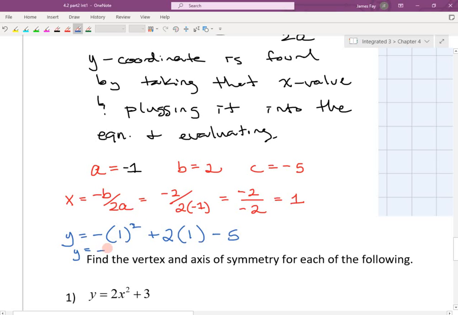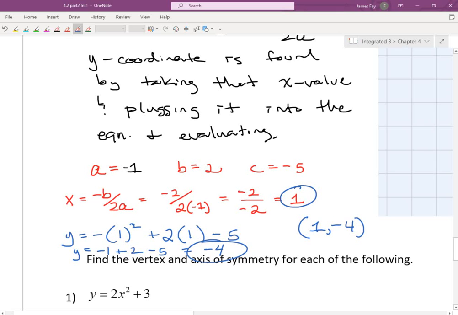And then you take the opposite of that, so -1. We got plus 2 times 1, and then minus 5. So what's -1 plus 2 minus 5? -1 plus 2 is 1, minus 5 would be -4. So the x value was 1. The y value is -4. And all that does is find us that point.